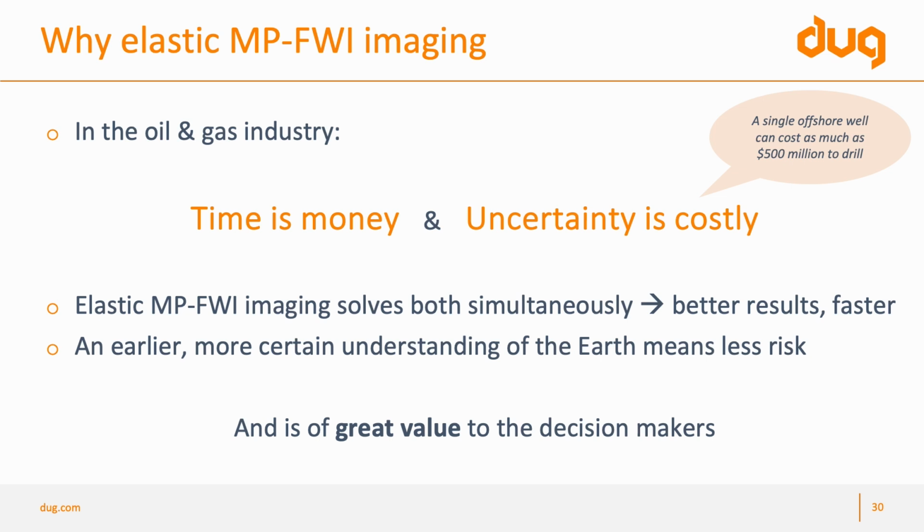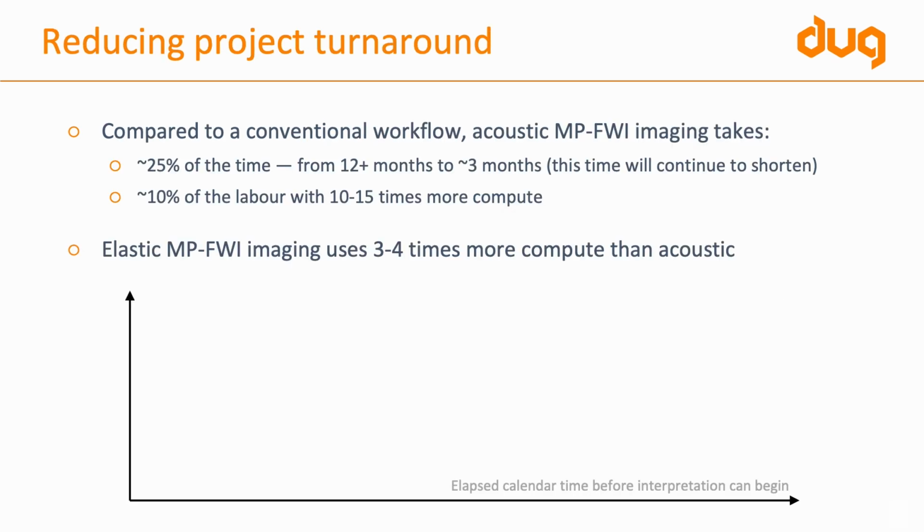An earlier, more certain understanding of the Earth means less risk, and is therefore of great value to the decision makers. Our goal has always been to realise a step change in the quality and wall clock turnaround time of seismic data imaging and interpretation solutions.